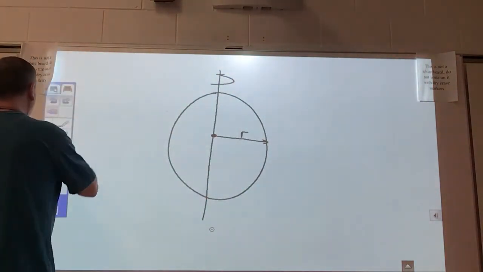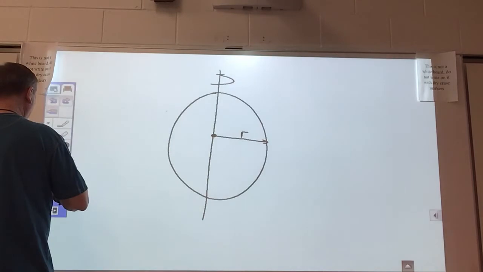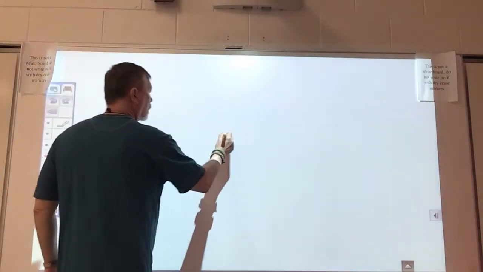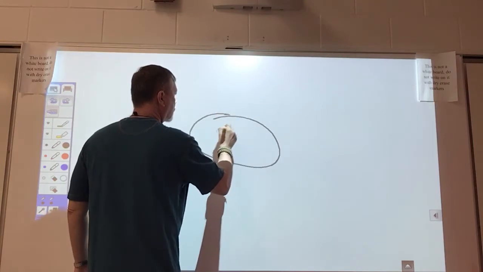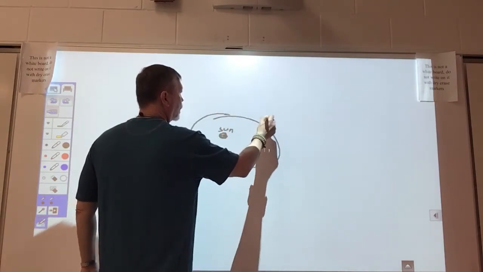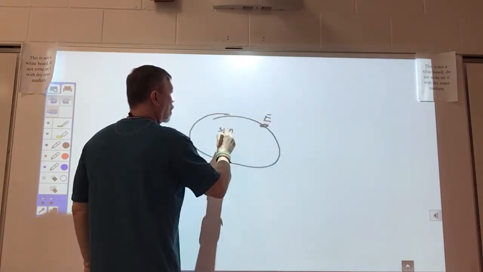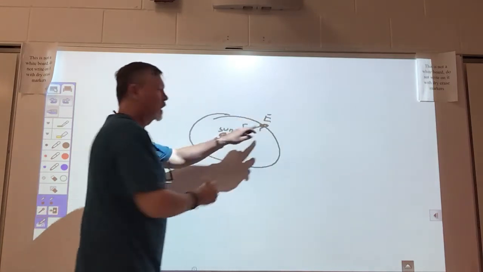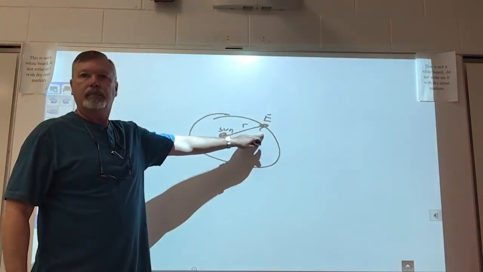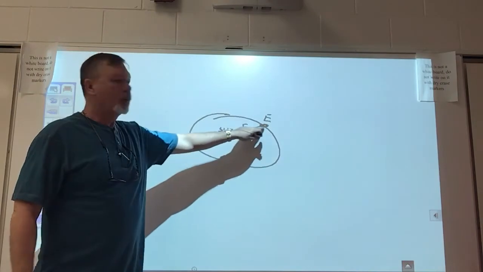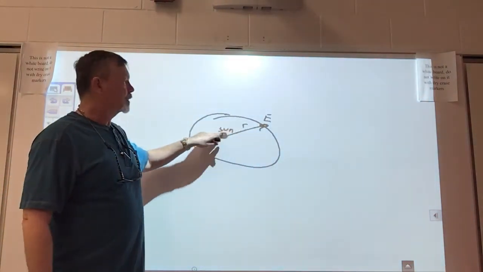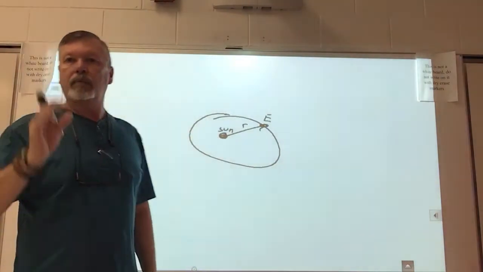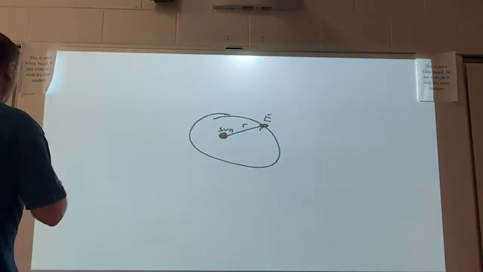If we are talking about the Earth going around the sun, here's the sun, here's the Earth. R is the distance from the sun to the Earth. Either way, R is a distance, but it's measured from the center of either rotation or revolution. Okay, that's what it is.